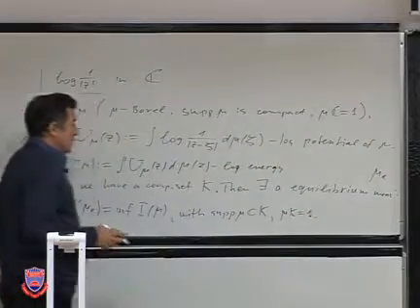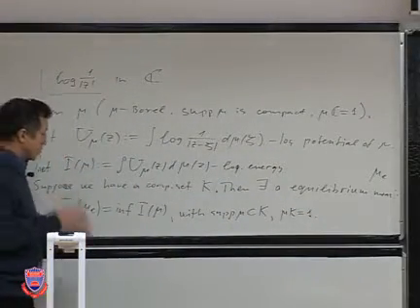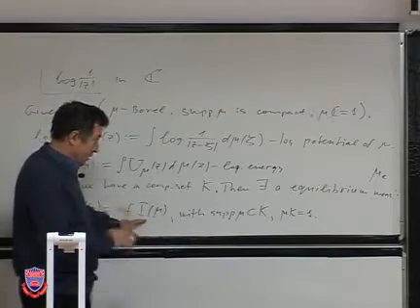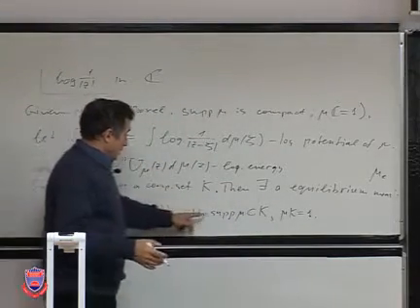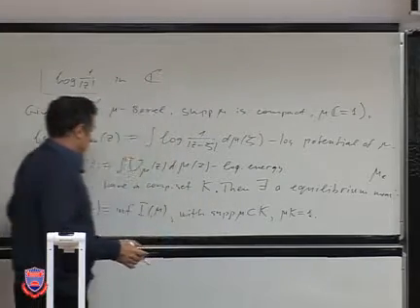So we consider the infimum over all probability measures on the complex plane such that the support is inside this compact set K.